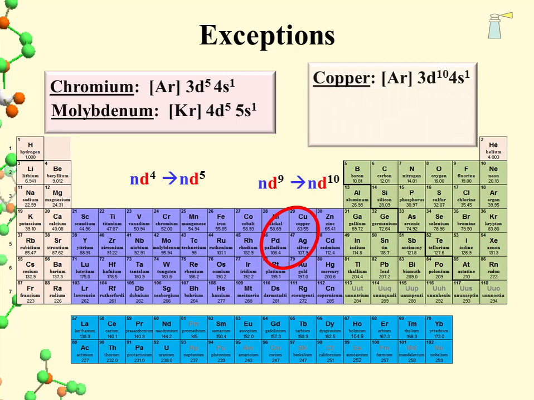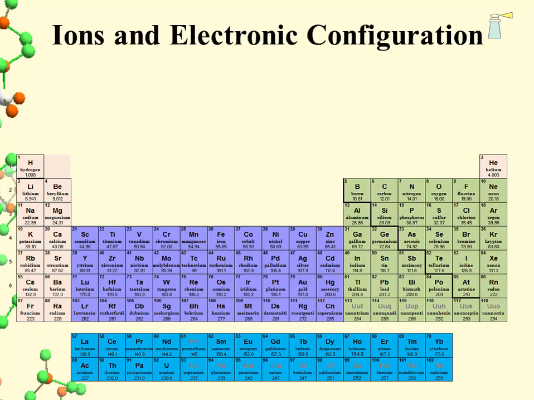Examples include copper, silver, and palladium. Palladium is a good trick question on a test because it looks like it should end in 4d8, but both 5s electrons are promoted to make 4d8 into 4d10. That's really a sufficient look at exceptions.